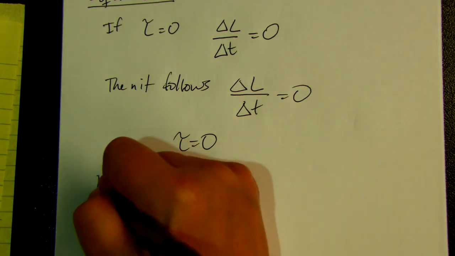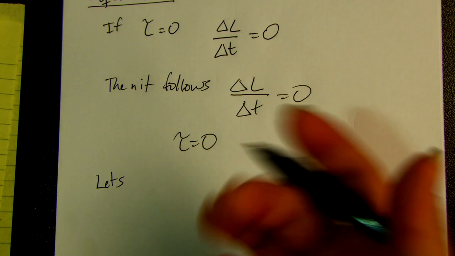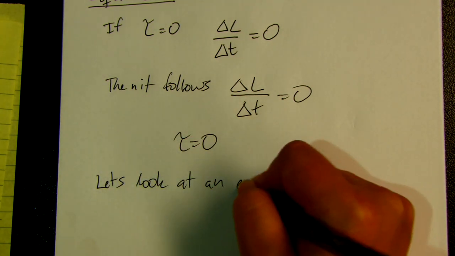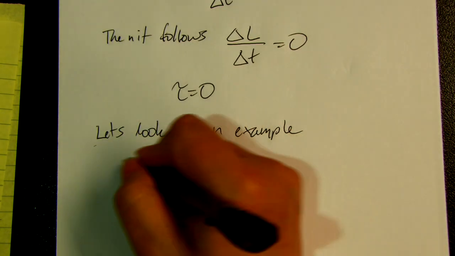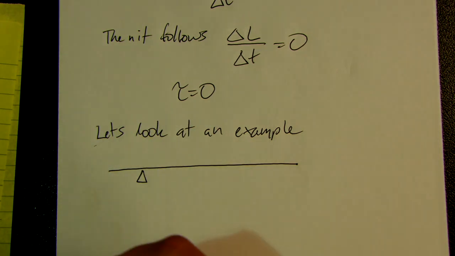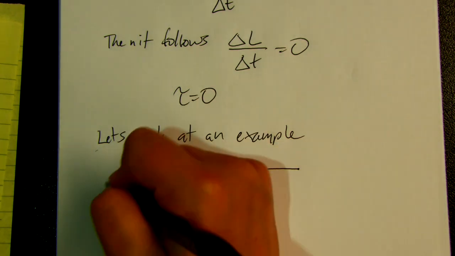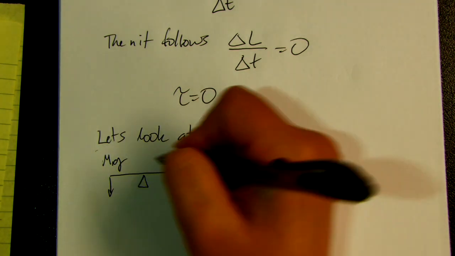So we're going to look at an example of equilibrium. This is a Curious George example. Let's say you've got two people on a seesaw perfectly balanced. Person 1 is over here, so you have M1G going down.